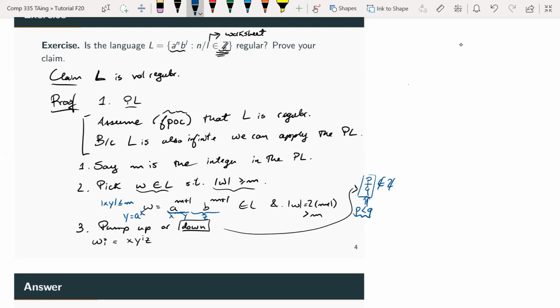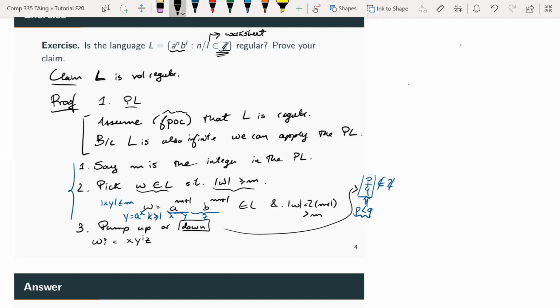So I'm just going to write a to the k for k greater than or equal to 1, by the second assumption of the pumping lemma. And so if I pump up or down, I should have a string that belongs to L. But here I'm going to show that this doesn't happen, and that's going to lead to my contradiction.